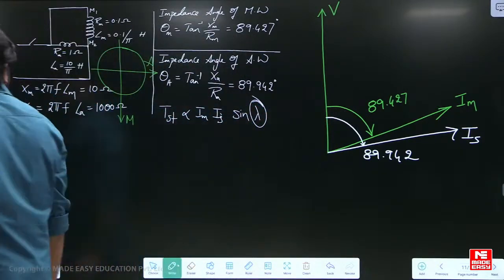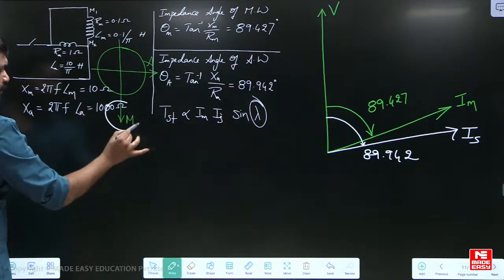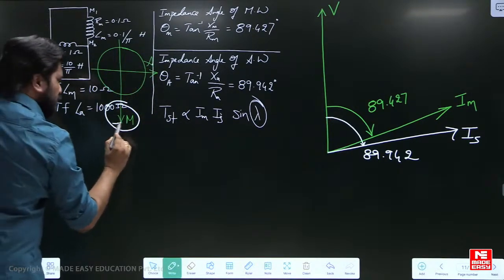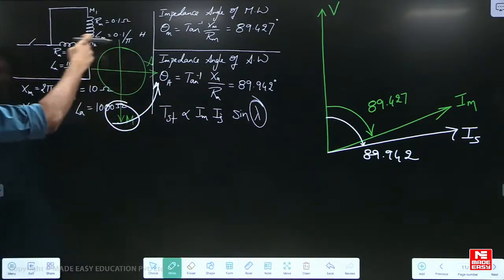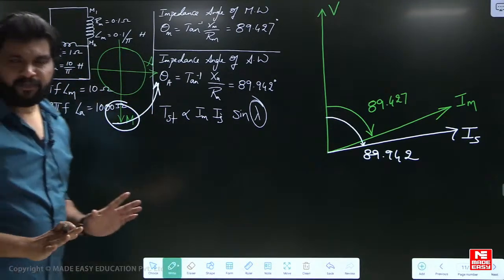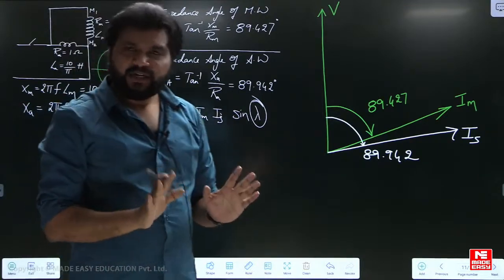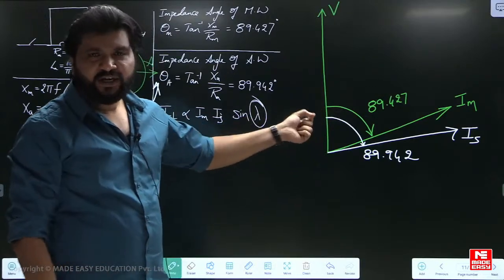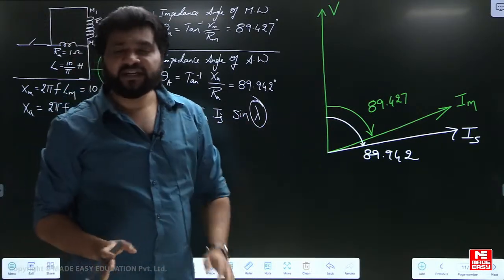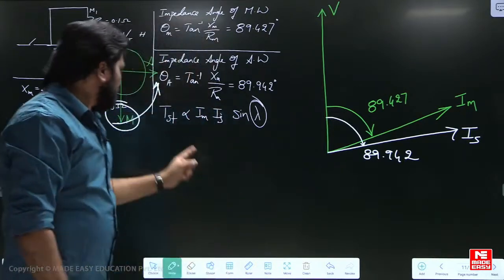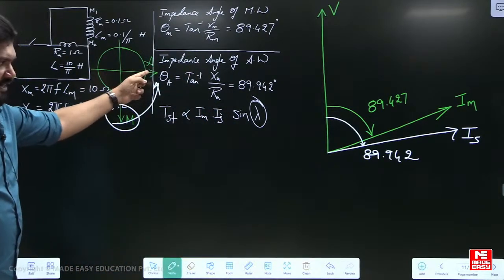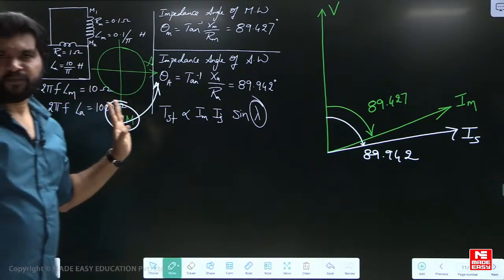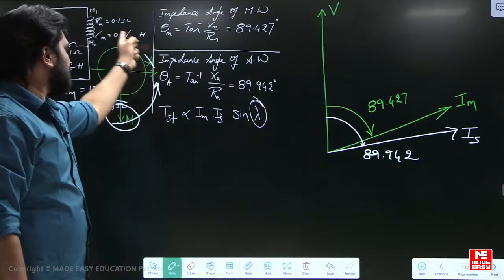So this is leading, this is lagging. First this, next that. So the motor is rotating anti-clockwise. Generally we think like that, because there is a small difference between these two currents. So we check who is lagging, who is leading, and accordingly we answer. Because the main winding is leading the auxiliary, we would definitely say the motor will rotate anti-clockwise according to this figure, because main to auxiliary.